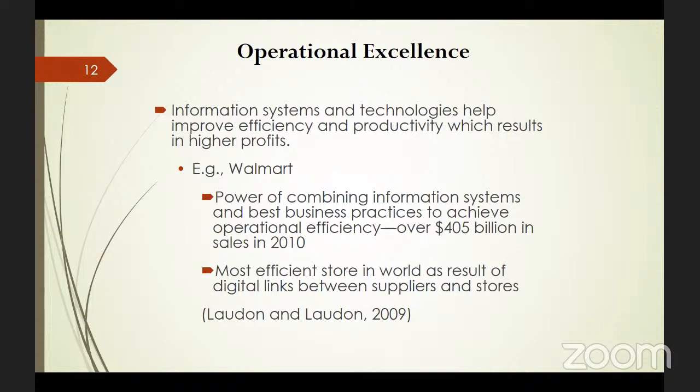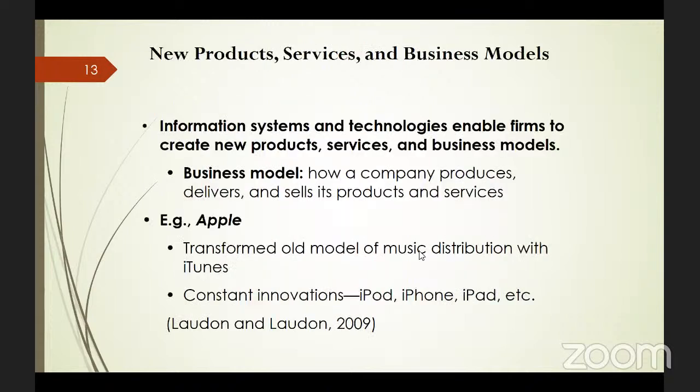Because Walmart has excellent ways in which they get their goods from suppliers to stores, that is why they're able to have excellent operational efficiency and make a whole heap of money in sales. Another way that businesses can excel at making money is new products, services, and business models. Apple would have been the old best example of that. There are actually many others.